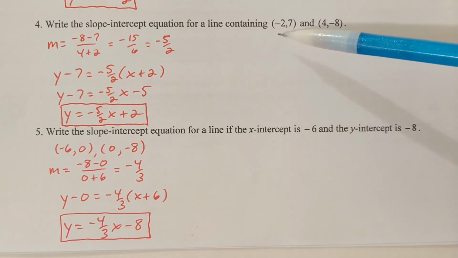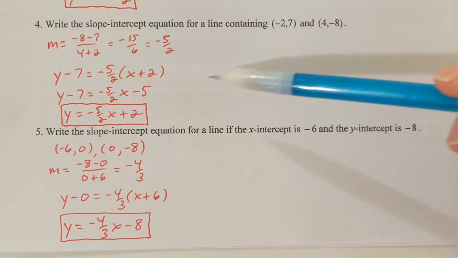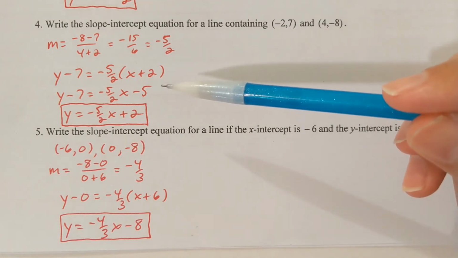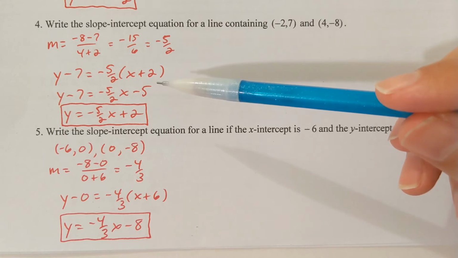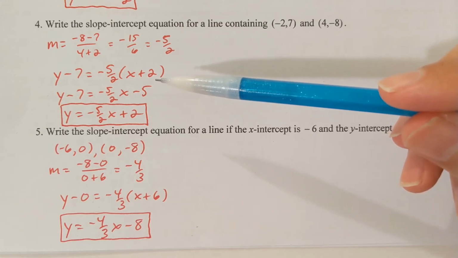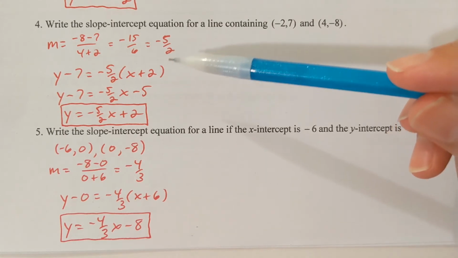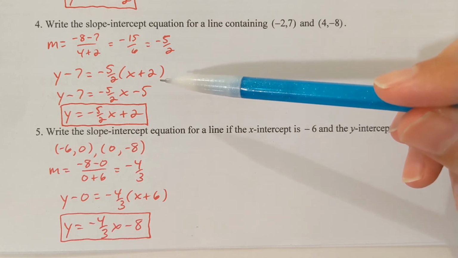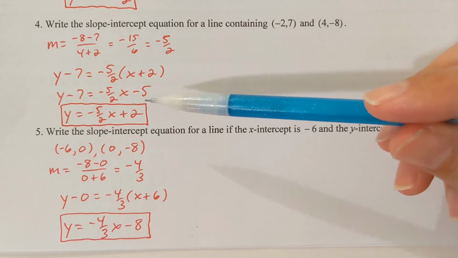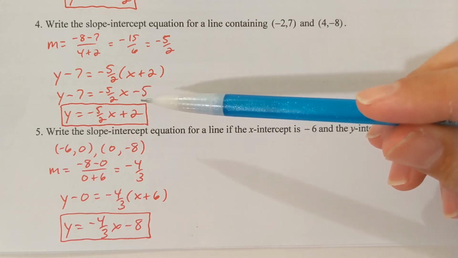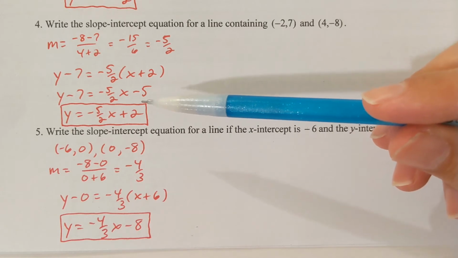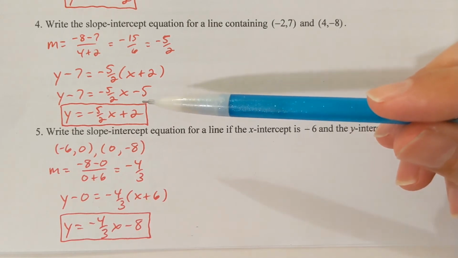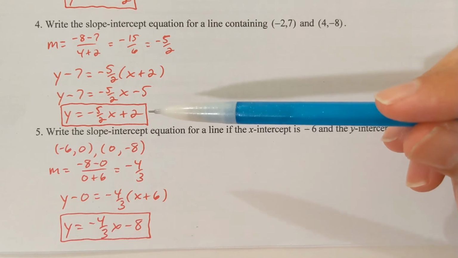So let's just use negative 2, 7. y is 7, and x is negative 2. Okay, so y minus 7 equals negative 5/2 times x plus 2 is what I get when I use the point-slope form. y minus 7 equals negative 5/2 x minus 5. And if I add 7 to both sides, y equals negative 5/2 x plus 2.